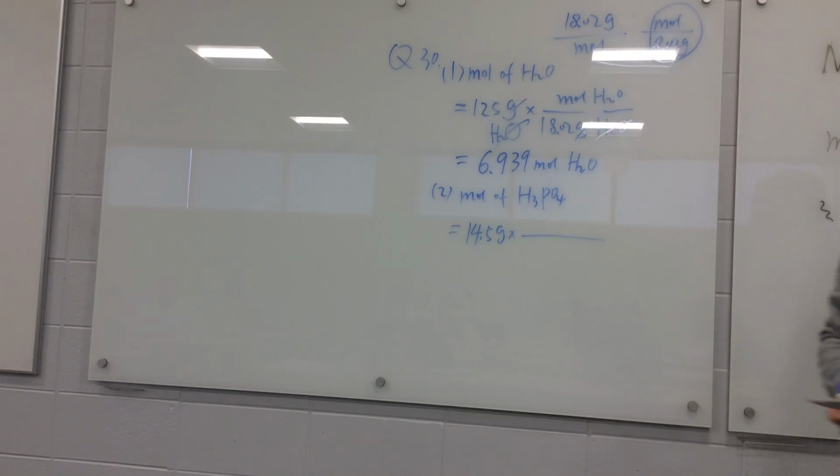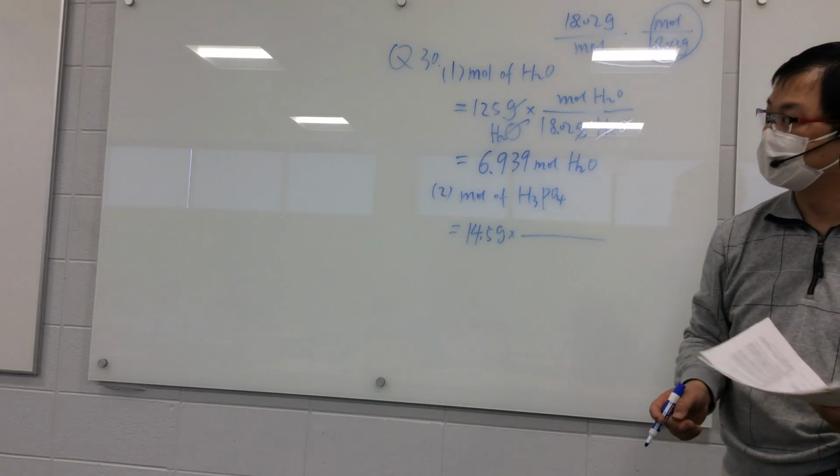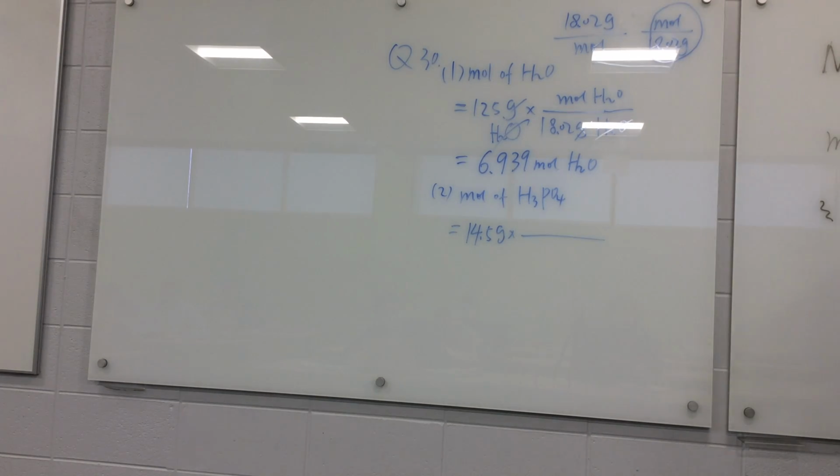And then what's the molar mass? What's the molar mass? I think we can just easily find out. The molar mass of phosphoric acid is 98 grams per mole.